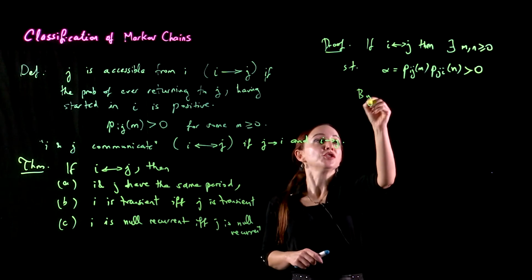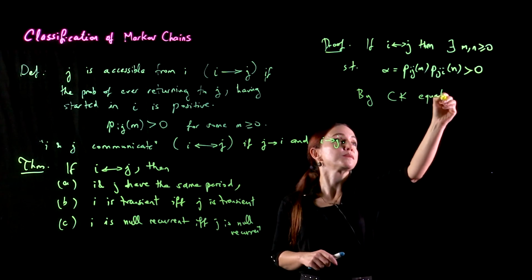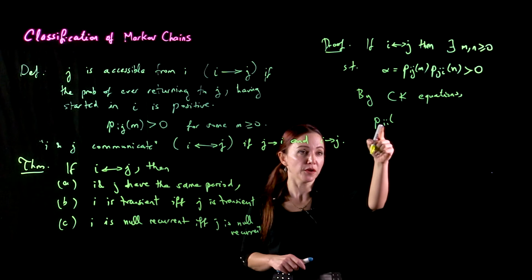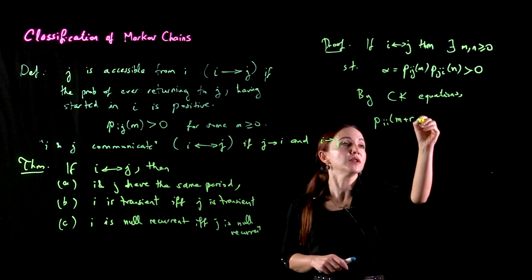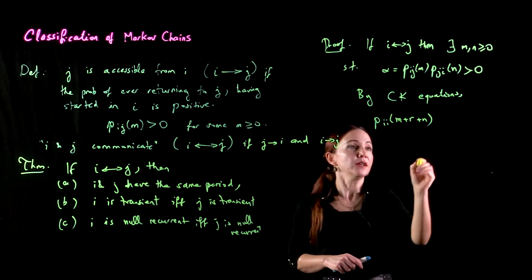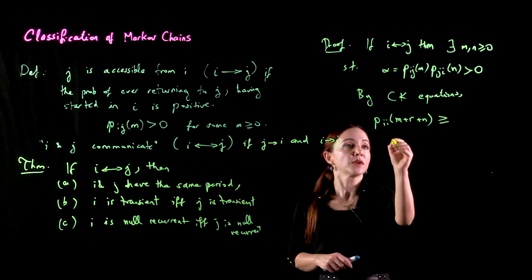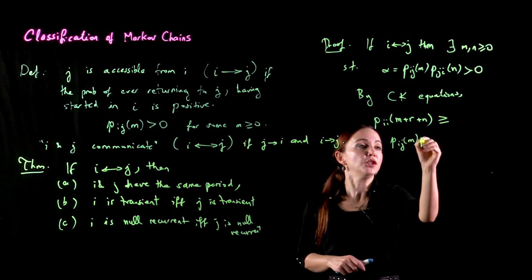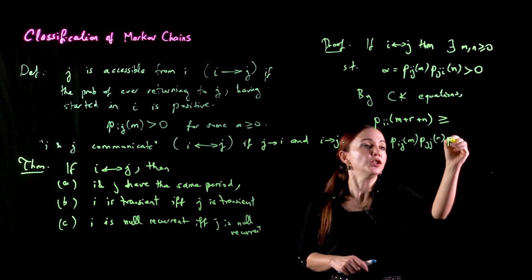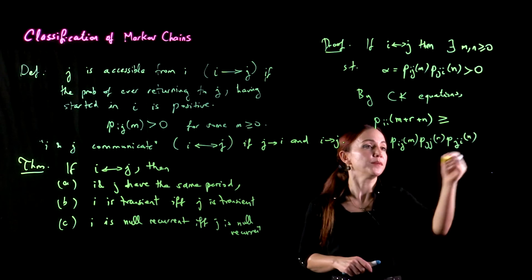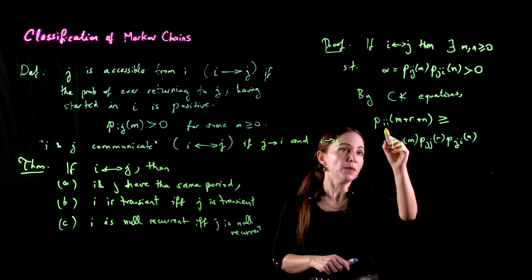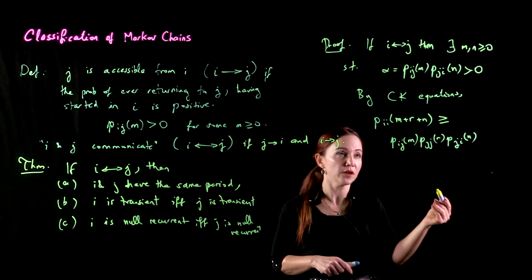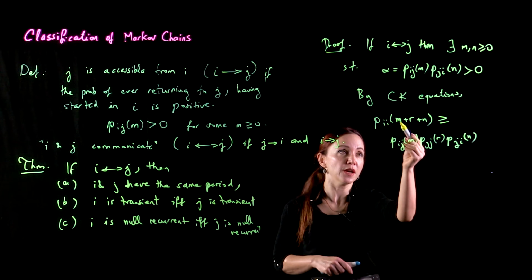So by the Chapman-Kolmogorov equations, Pii, the probability of going from I to I, in M plus R plus N steps is greater than or equal to Pij of M, Pjj of R, Pji of N. Meaning, there are various ways of going from I to I in M plus R plus N steps.